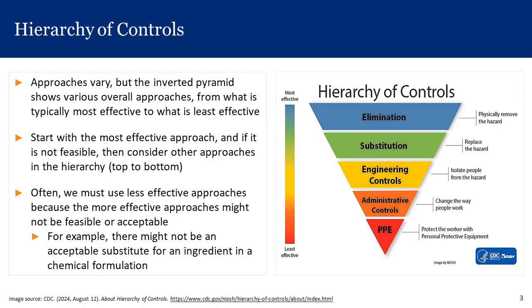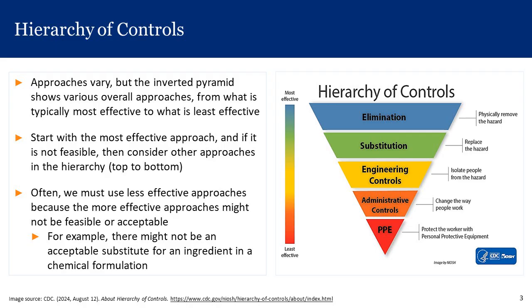The reason why this tends to be more effective than administrative controls and PPE, which are lower on this inverted triangle, is because engineering controls, once they are installed and operating, do not necessarily require active participation and are not necessarily influenced by the behavior of people or workers in a given facility.